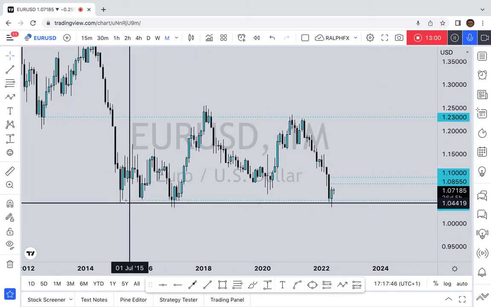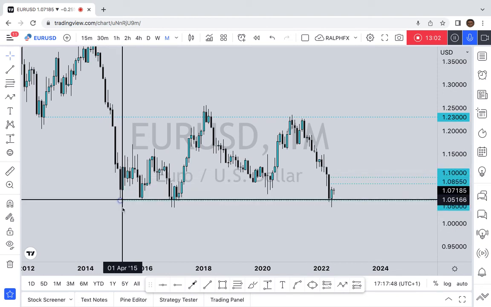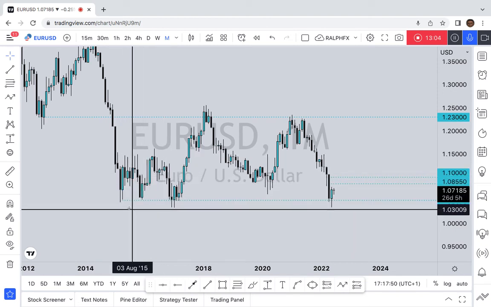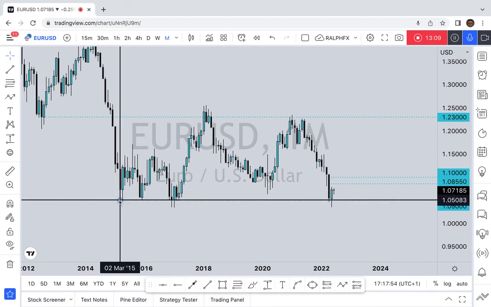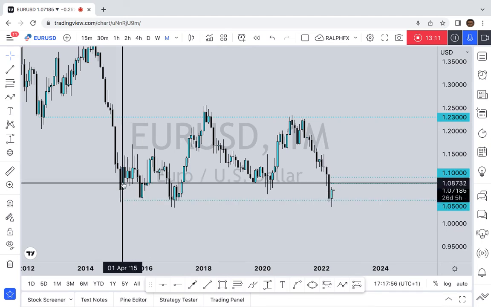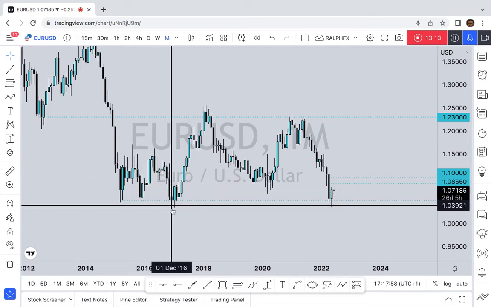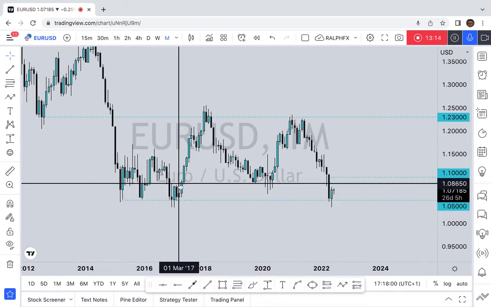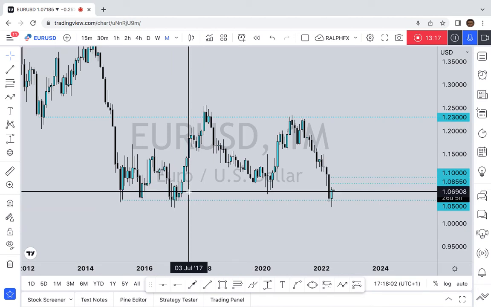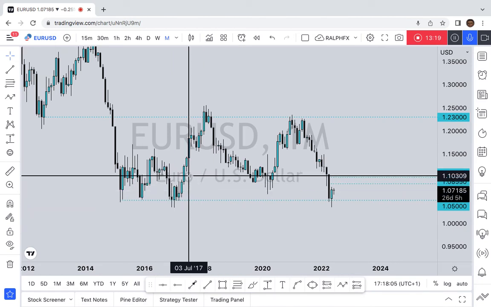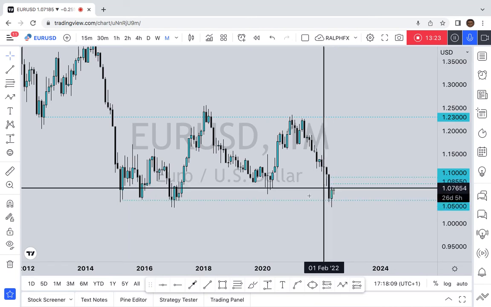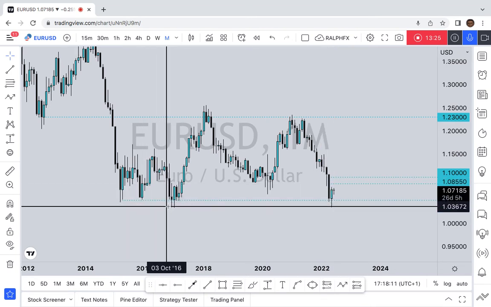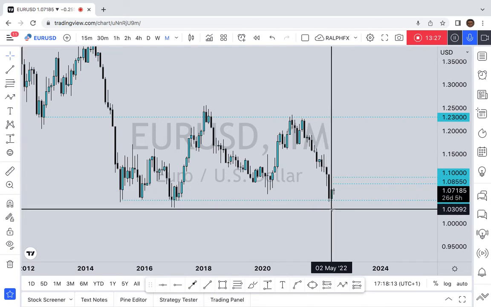What you should be expecting when price comes to the demand zone is this bounce, and don't expect price to maintain this level without pushing below it. Price can always push below this level and then bounce back up, right? This is not support. This is demand. You can see right here, price pushed below and then bounced back up.